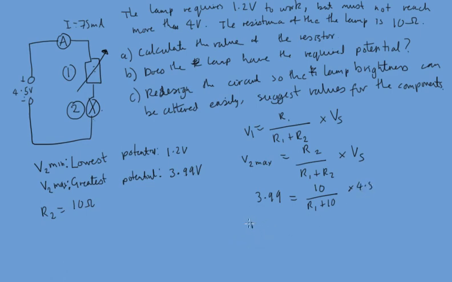So then we're going to get 3.99 times R1 plus 10 equals 45, which gives us R1 plus 10 is equal to 45 over 3.99, which is 11.28.